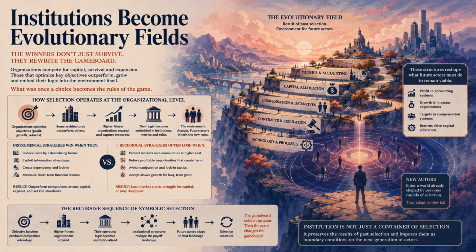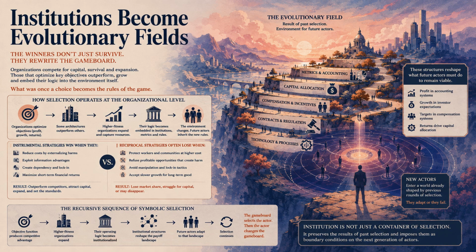But here's the recursive move, right? The winners don't just receive more payoff, they acquire game board modifying capacity. Their objective functions, like profit, productivity, efficiency KPIs, and so on, become embedded in accounting standards, compensation systems, contracts, algorithms, governance rules, and capital allocation mechanisms.